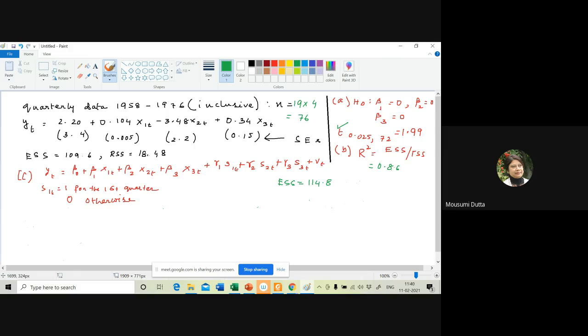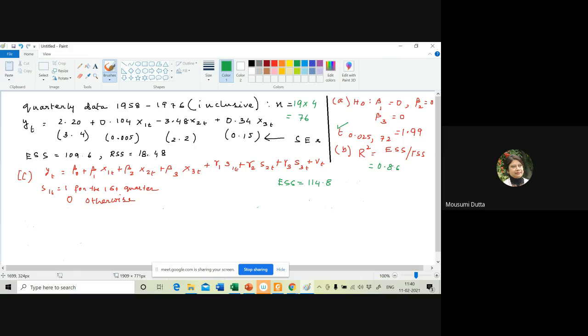Now, why am I considering three seasonal dummies? Last day I discussed, if it is a dummy variable context and we have an intercept term, we have to use one dummy less. So if there are 4 seasons in quarterly data, we have to incorporate 3 seasonal dummies.